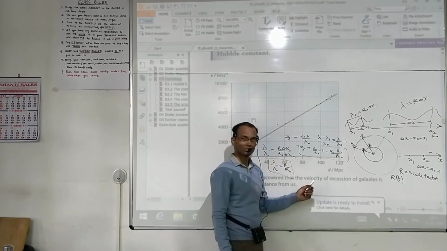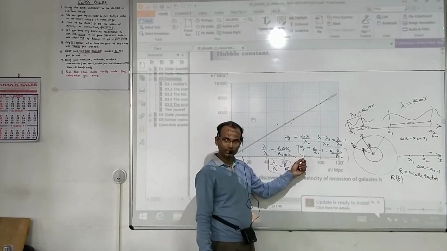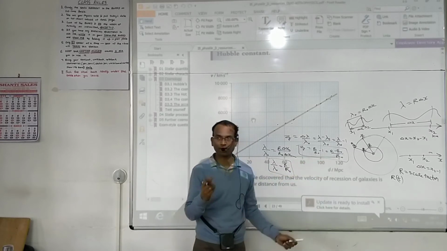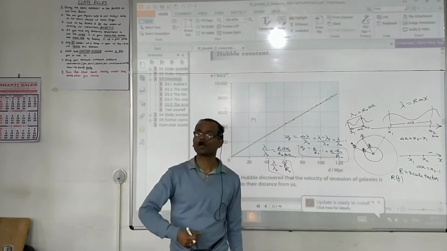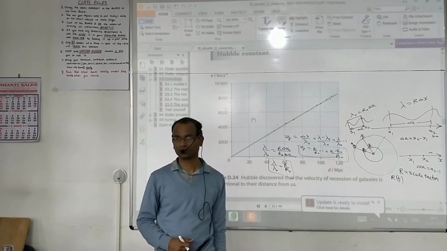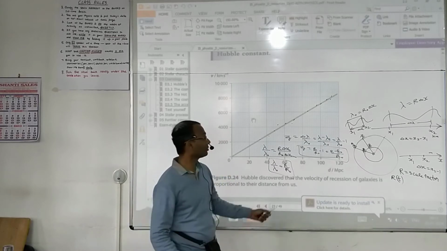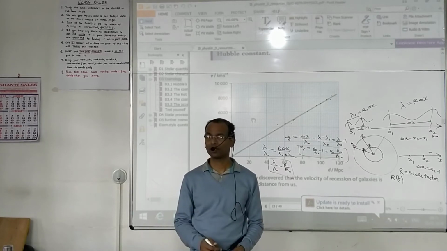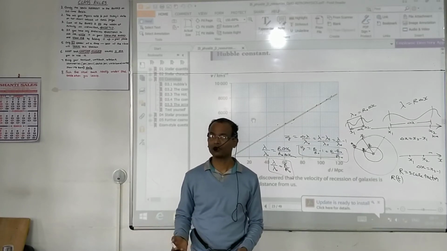So you get an explanation for redshift as happening due to a change in the scale factor of the universe and nothing to do with the actual motion of galaxies. This also helps you to explain one more paradox. According to the special theory of relativity, nothing can reach the speed of light.